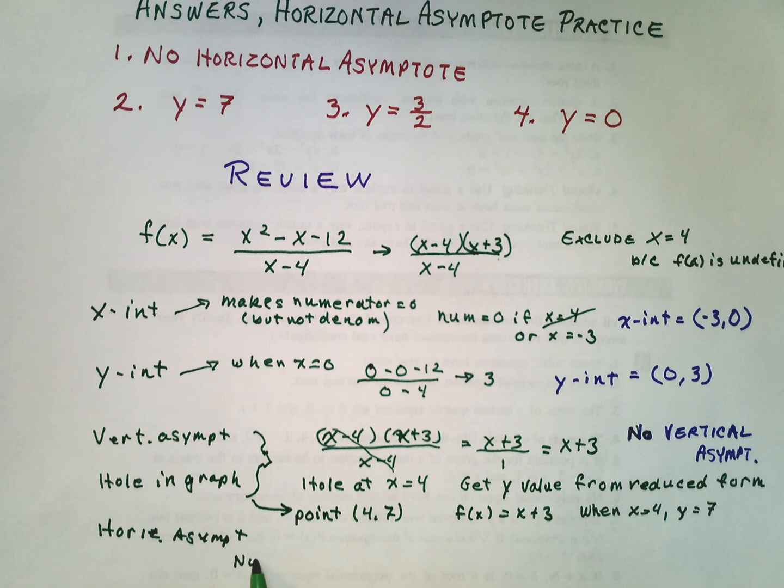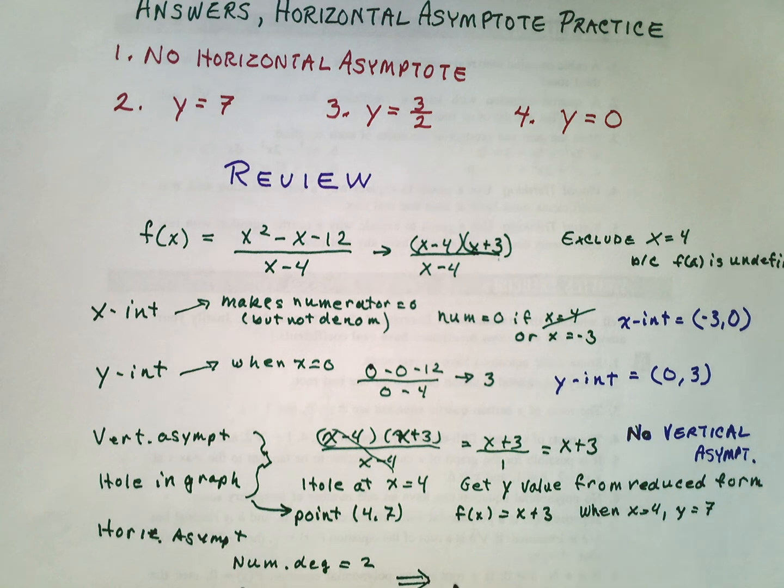Well, the numerator degree in this case is 2. The denominator degree is 1. And if the numerator has a higher degree, that means that the fraction just keeps getting bigger and bigger and bigger, so there is no horizontal asymptote.